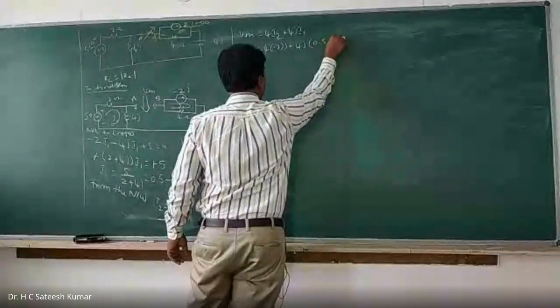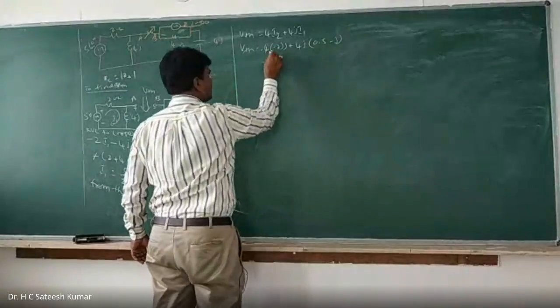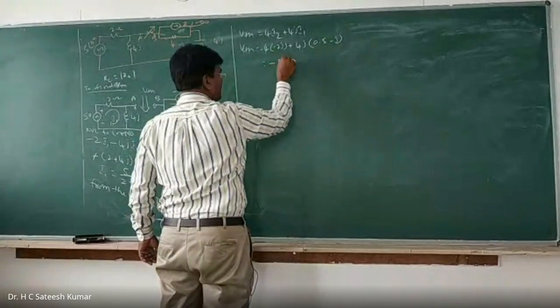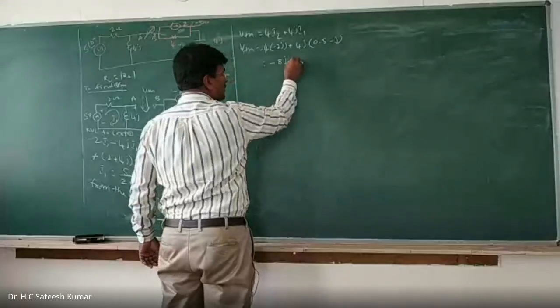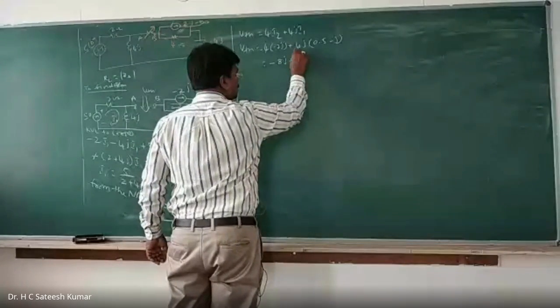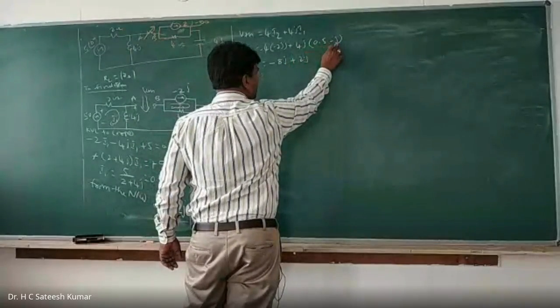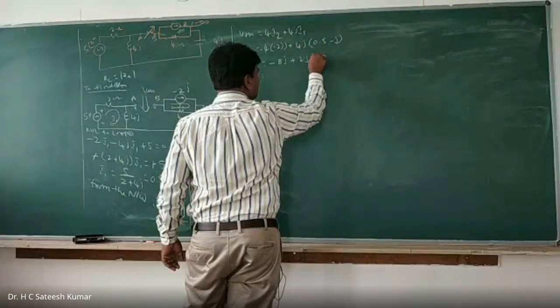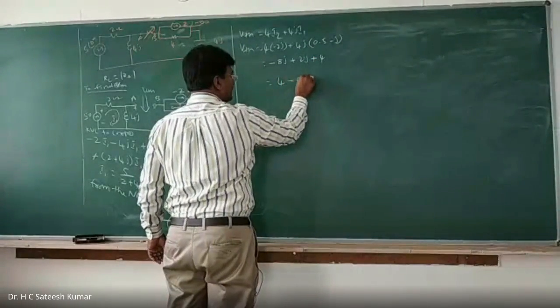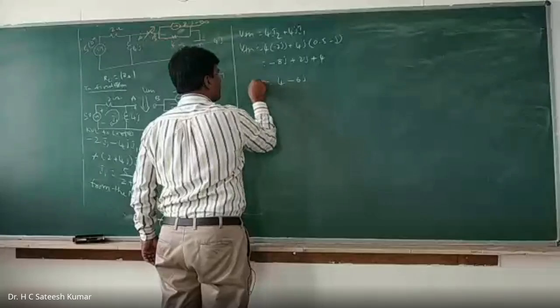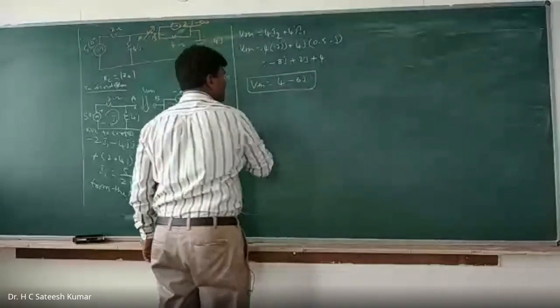So 4 into 0.5 is 2, plus 2j. 4j into minus j: j squared is minus 1, minus into minus is plus 4. Correct? So 4 minus 6j.